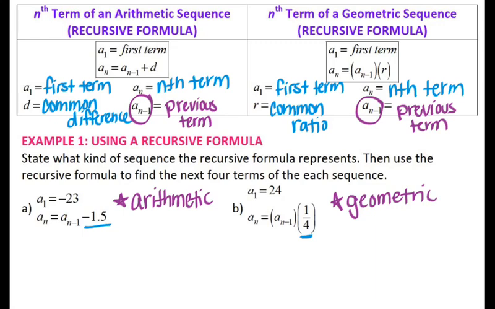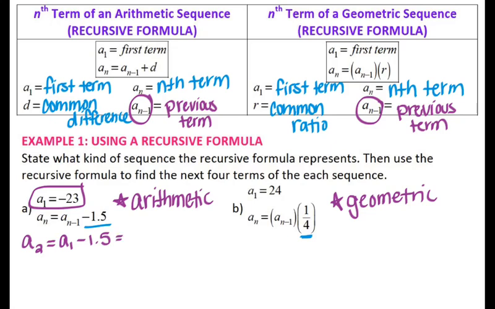Okay, so my first term is negative 23, so we're good on that. If I want to find my second term, once again, a_(n-1) means your previous term. So if I'm trying to find my second term, my previous term is a_1. So I'm taking a_1 minus 1.5.